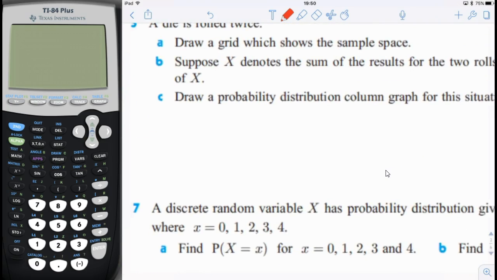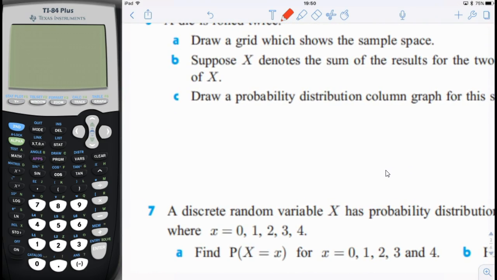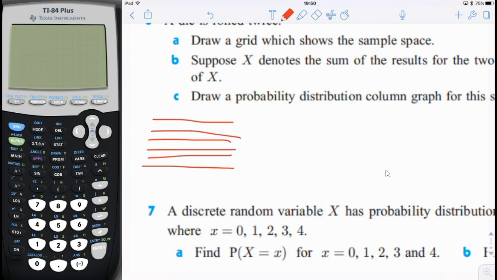Remember when we drew grids in the probability chapter to figure out sample spaces? So here I have a grid which is 6 by 6. Why is it 6 by 6? I'm assuming they're talking about a 6-sided dice. So let's say we have a red dice and a blue dice.